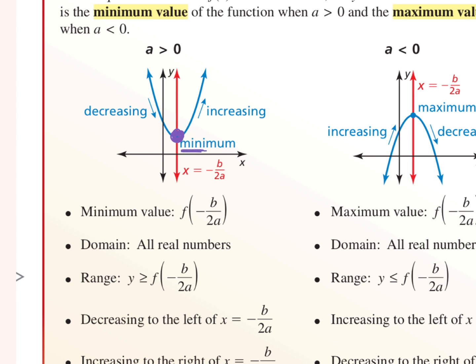So when our graph opens up, we have a minimum. And our minimum value is whatever the y value is. So here it says f of negative b over 2a. That is just our y value, or our k, I'll call it. The y from the vertex, which is the k. So the minimum value is your k.